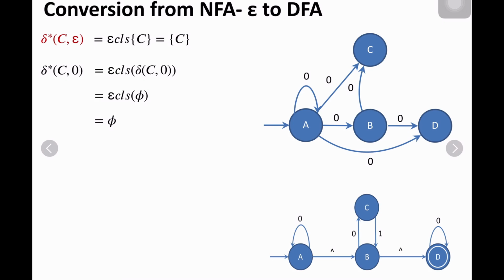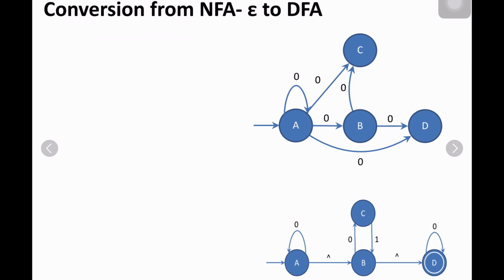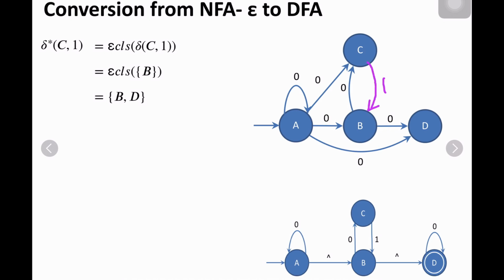Then C on 1 will go to B, so E-closure of B is B and D. So C on 1 will go to B, and C on 1 will also go to D.